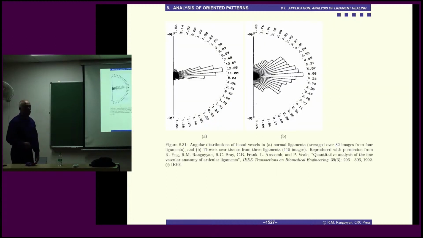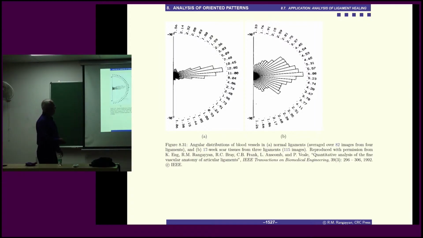So these are some of the distributions we obtained. Now we have rotated it to go from minus 90 to plus 90 degrees, because this is the long axis of the ligament. This is for normal ligament averaged over 82 images from 4 ligaments, that is 4 rabbits. And this is 17-week scar tissue from 3 ligaments, 115 images. So scar tissue has a broader distribution.